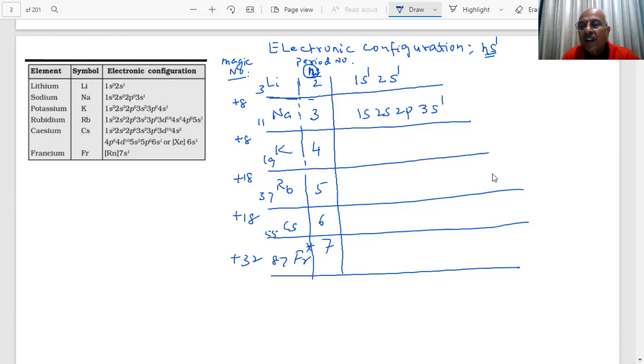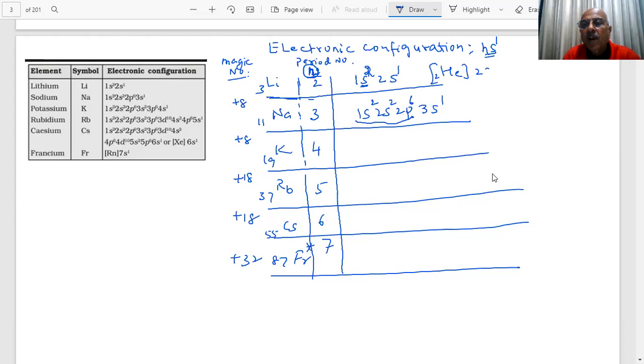How many electrons do you put in 2p, student? 6 maximum. 2, 2, 6, 1. Does that make 11? And what about this, student? This is a noble gas configuration. This 1s2 is what? Helium, noble gas configuration.